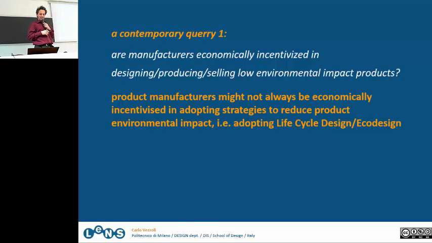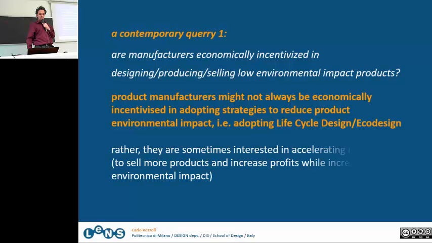And so they are not economically incentivized in doing that. Many times it happens exactly the opposite. They are incentivized, for example, in the replacement of products. They don't want very long-lasting products, because if not, they cannot sell a new product.